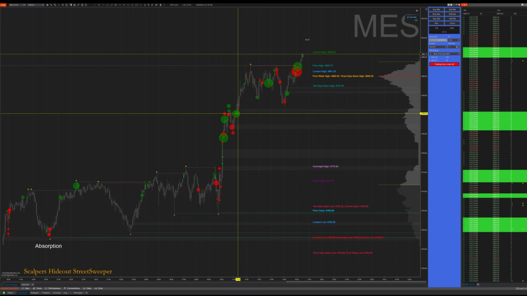So when you see this absorption, you see these heavy sellers coming in, and you're watching price action not move down, you're seeing the resting orders that are on the book that you would see with one of those other tools, that are kind of useless on their own because they're constantly being spoofed.